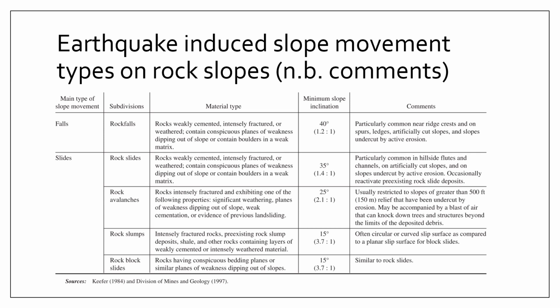I think their division is mostly an artificial geological division. But if you're talking about the engineering side, they behave the same. They fail under a rotational failure plane, so they have a circular failure plane, right? And they can fail at minimum slope angles of 15 degrees. So that's quite gentle. Okay.